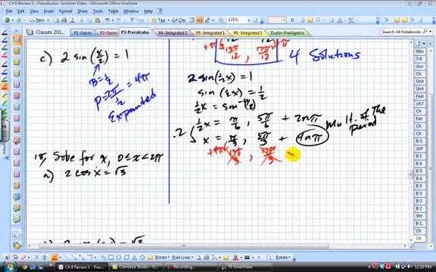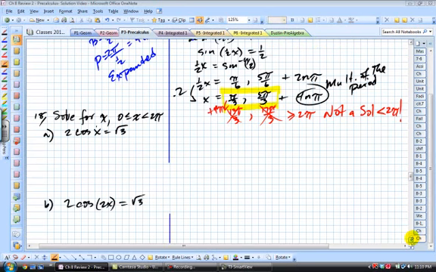These are greater than 2 pi, so not a solution less than 2 pi. So we don't count them. We just count the ones that are less than 2 pi. So we only have 2 solutions there. Alright, so I'm trying to show you all the different variations here.